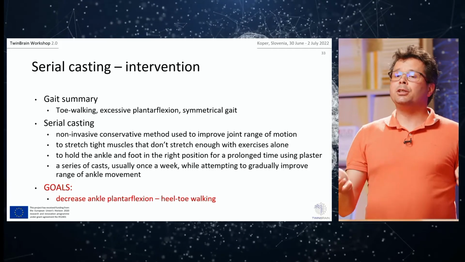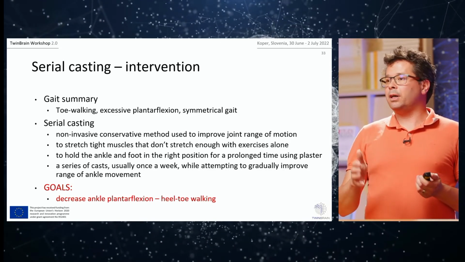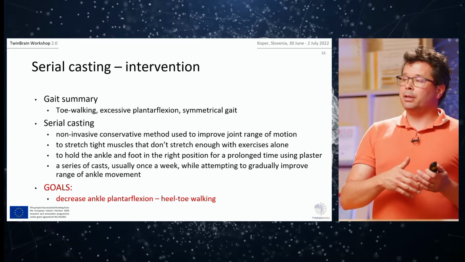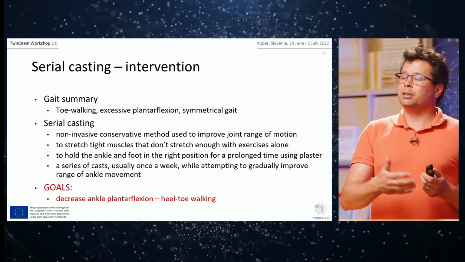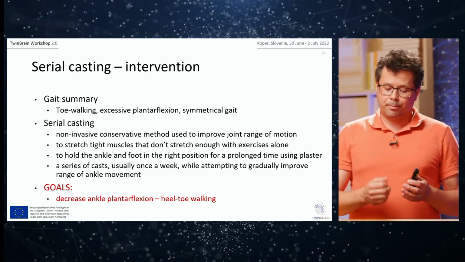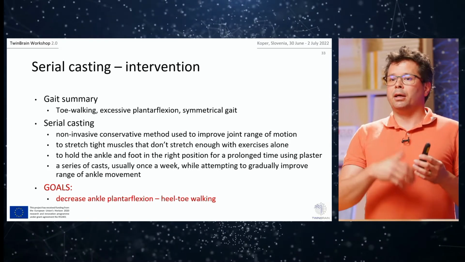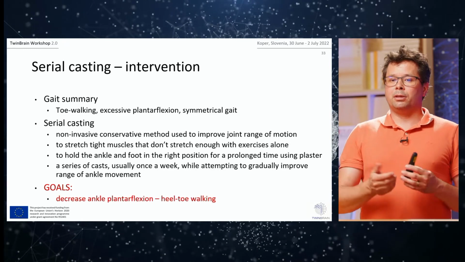The typical duration of this intervention can be 4, 5, 6, 7 weeks, and often during that period the plaster is replaced and the position of the foot and the ankle joint is corrected and again limited with the plaster.